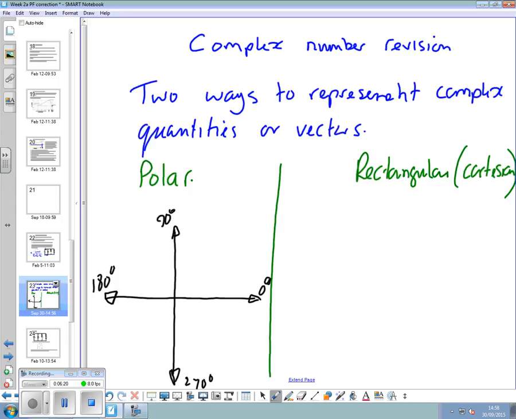We also sometimes call that, or more likely work with that, as actually minus 90, as we discussed last week.